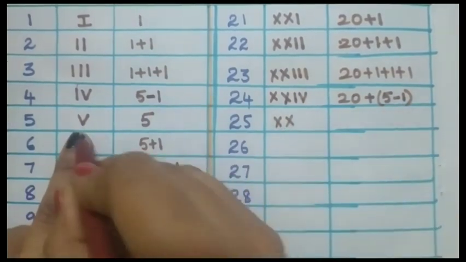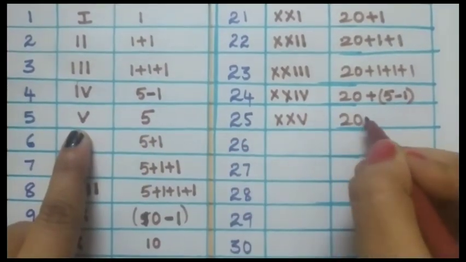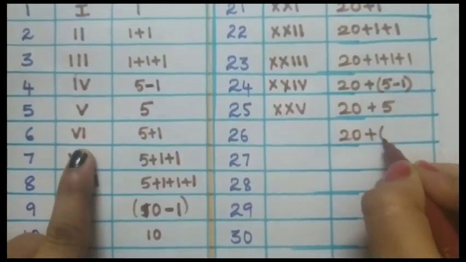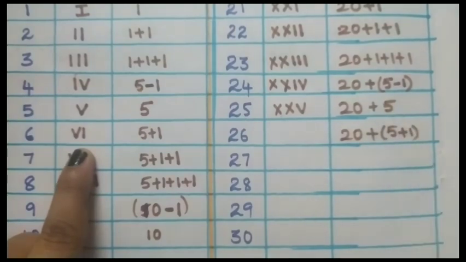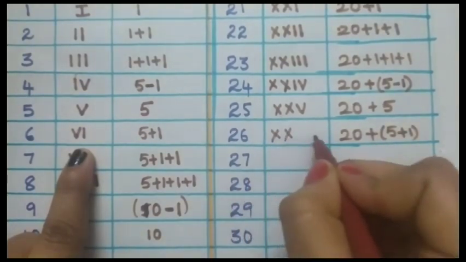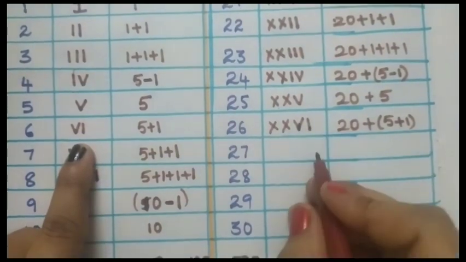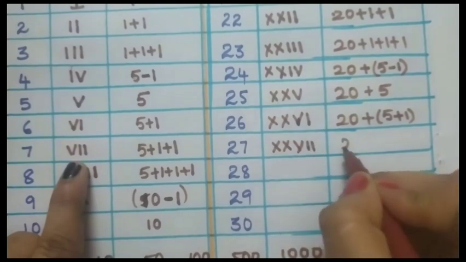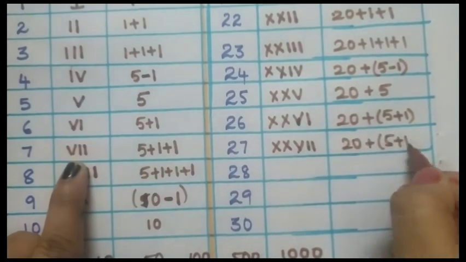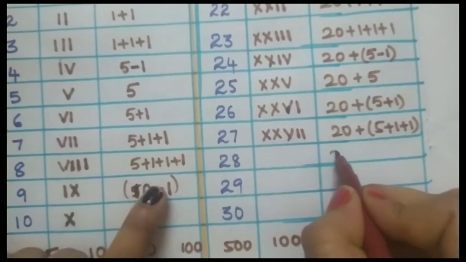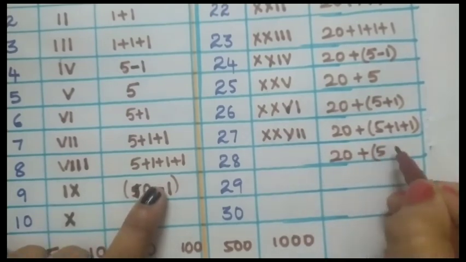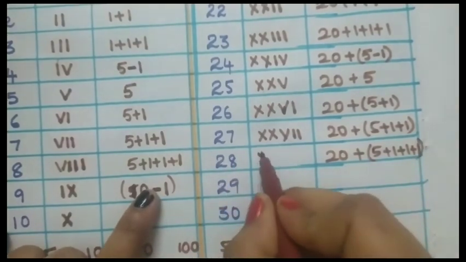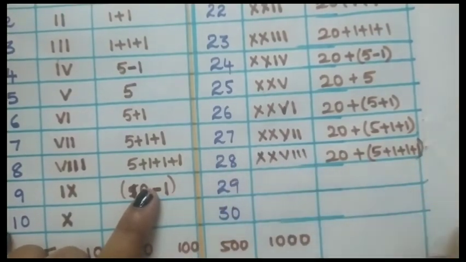Next, 25, 20 plus 5: XXV. Next, 20 plus 5 plus 1: XXVI, then XXVII. Next, 20 plus 5 plus 1 plus 1 plus 1: how many ones should we write here? 3, because it is 8: XXVIII.